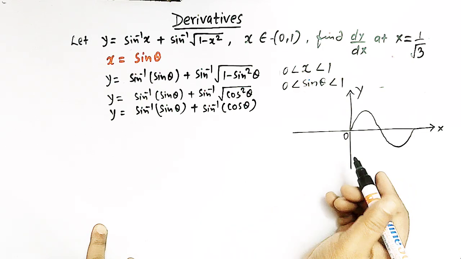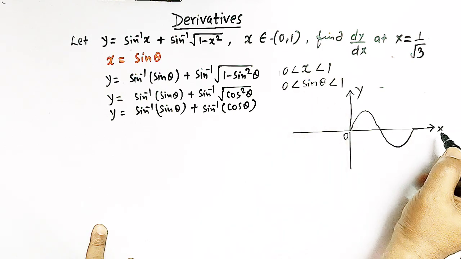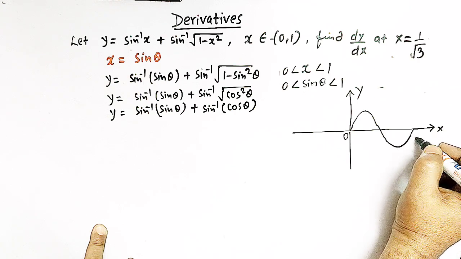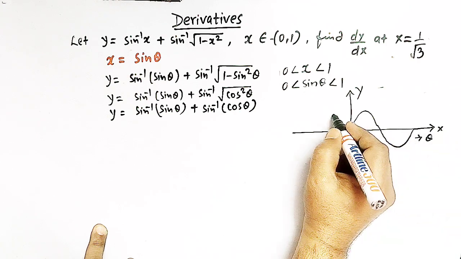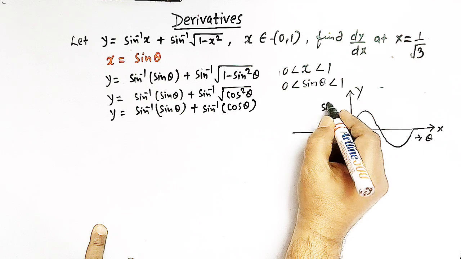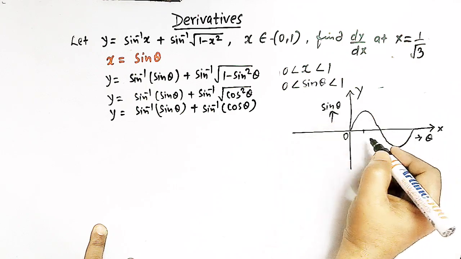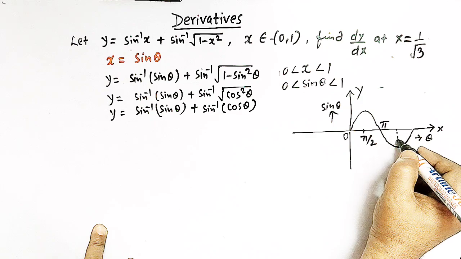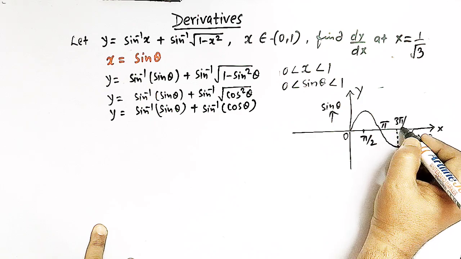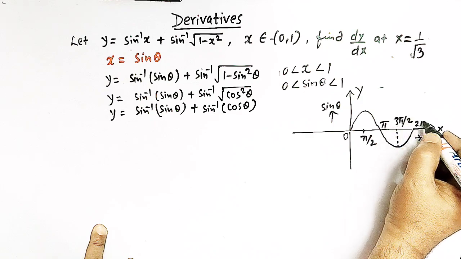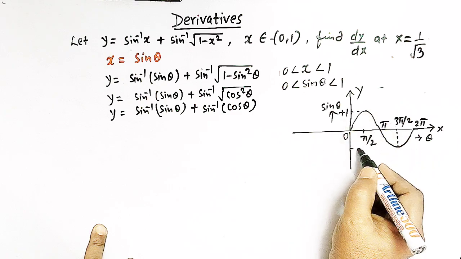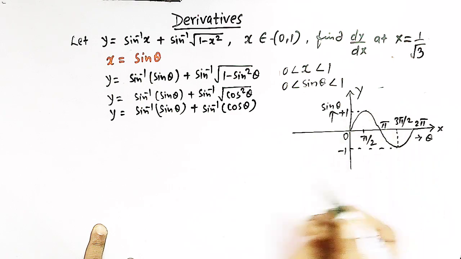So now let us quickly see the graph of sine theta, right? So here we have the angle theta, and here we have the values of sine theta. So here we have pi by 2, here we have pi, this is 3 pi by 2, and here we have 2 pi, and here we have plus 1, and here we have minus 1.